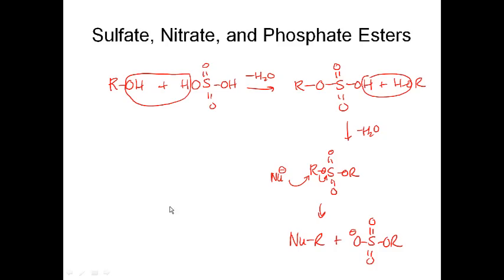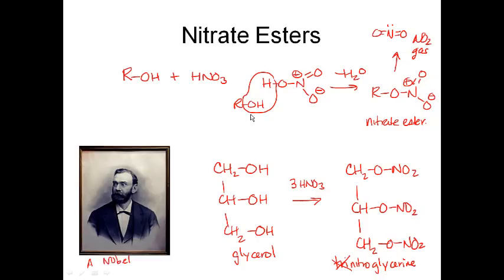And we can form what are called inorganic esters, the sulfate, nitrate, and phosphate esters, by using sulfuric acid to form either an alkyl sulfate or a dialkyl sulfate. We can form the nitrate esters by reacting nitric acid with an alcohol, the most famous of which is nitroglycerin, which made Alfred Nobel his fortune, and lost a couple family members along the way.